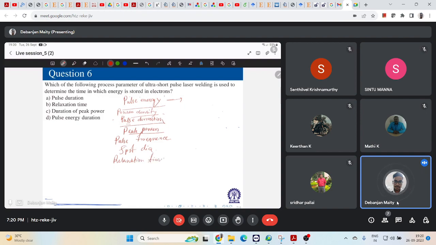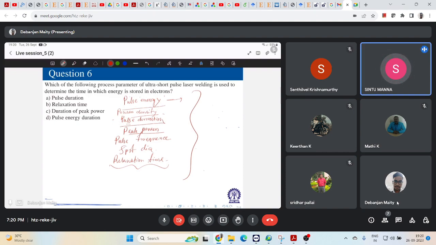So within these parameters, which one will we use to determine the time in which energy is stored in electrons? Sir, I think relaxation time. Yeah. So during a relaxation time, what happens? This is the time in which energy is stored in the electron. After this time, it will be converted into heat.